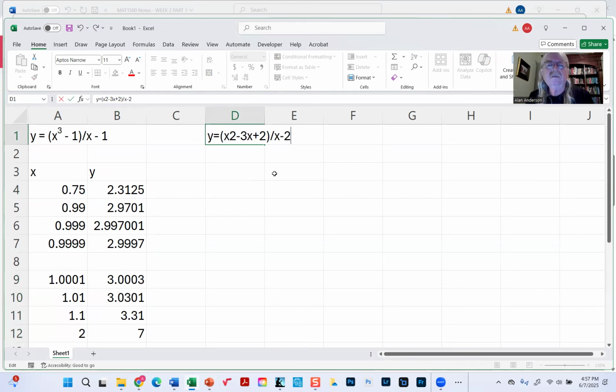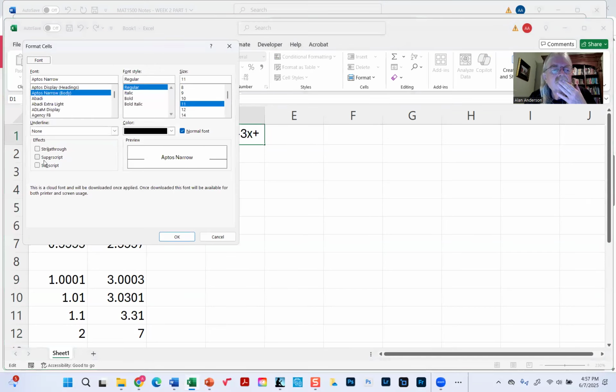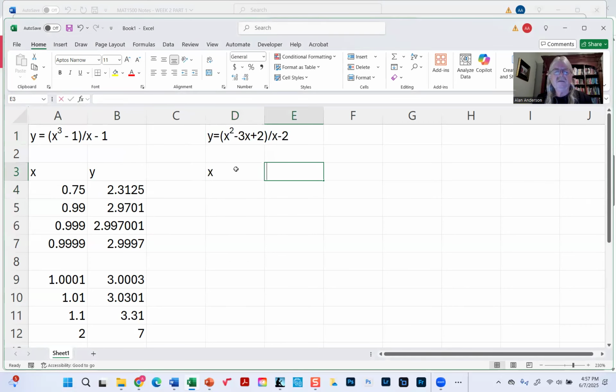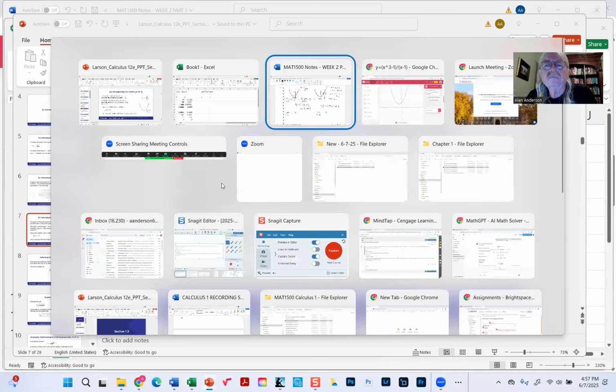So clearly, whatever this function is, it will not be defined. It will have a discontinuity when x equals 2. But that doesn't mean that it doesn't have a limit. Now, before I fill in this table, let's take a look at Symbolab, and we'll be able to tell right away what it's supposed to be.